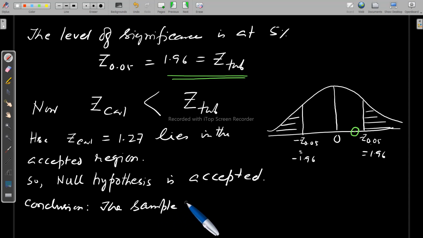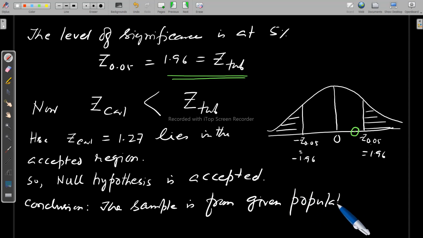The sample is from the given population. Is it clear? Sample is coming from the given population. So this is the answer.